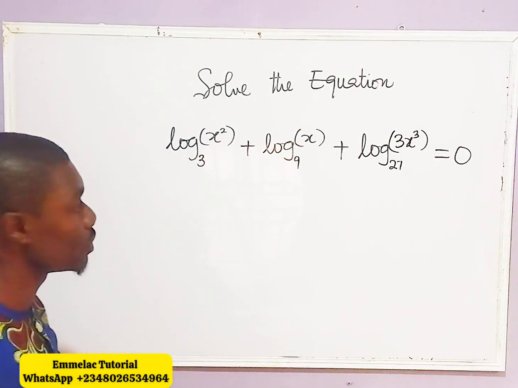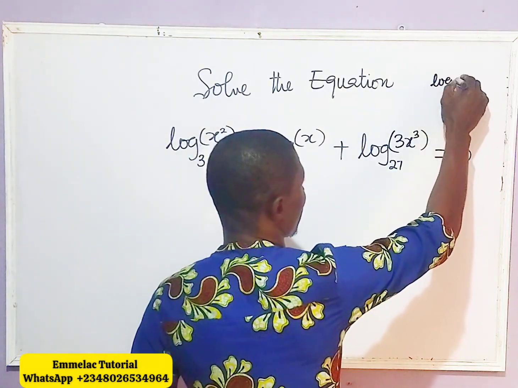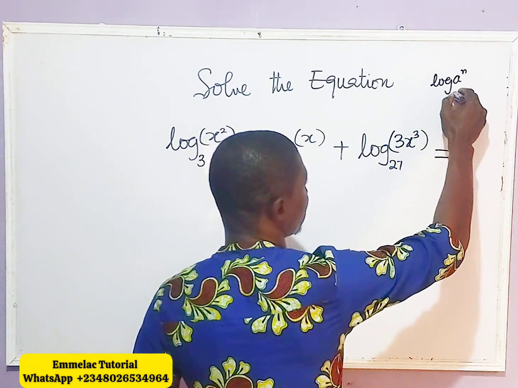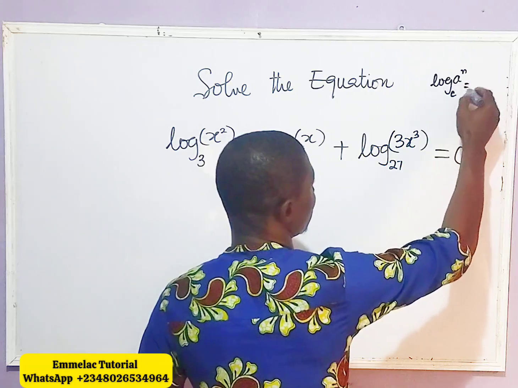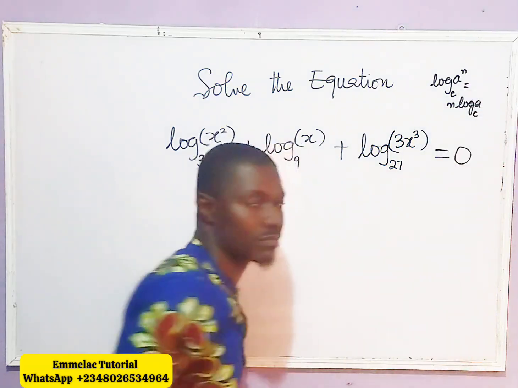Let's take note that according to the law of logarithm, when you have log a raised to the power of n, let's say base c, this is the same thing as saying n log a base c.